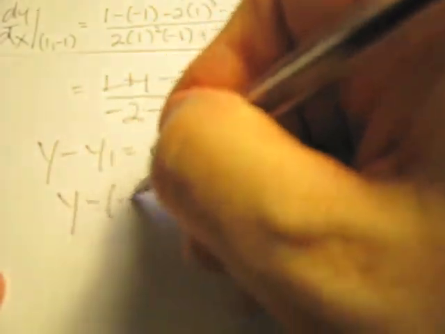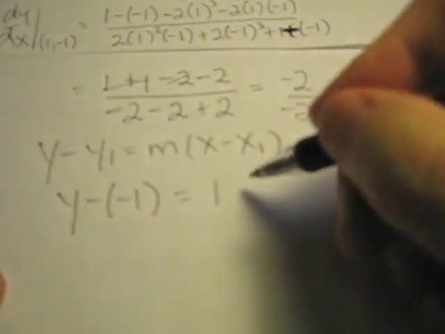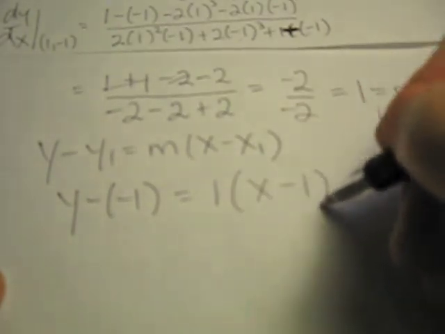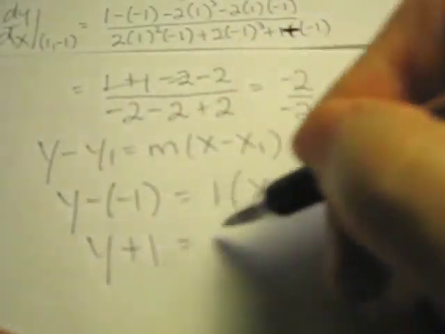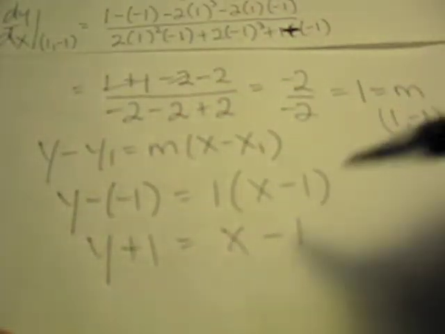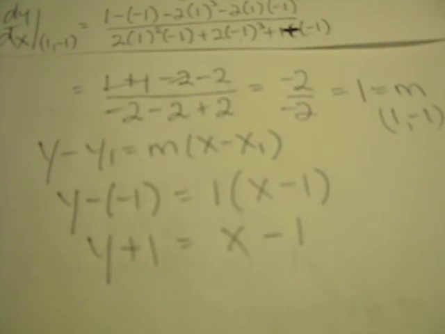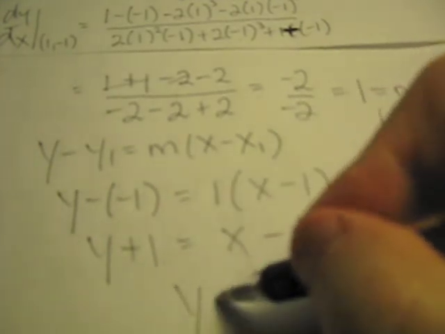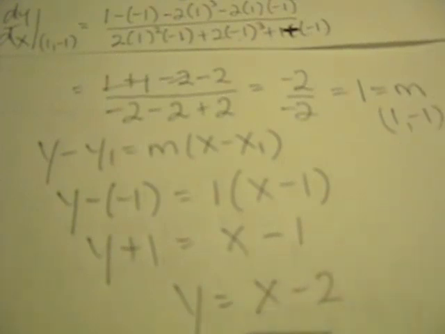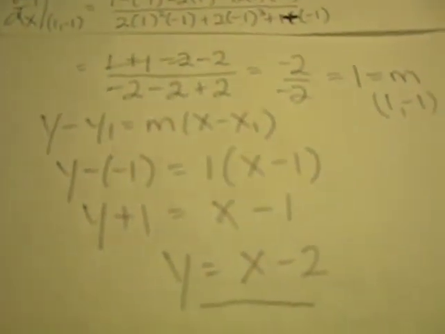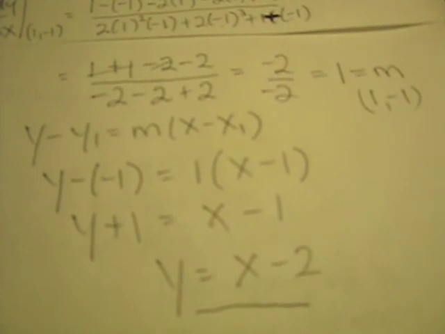So this now becomes y subtract negative 1 equals 1 by x subtract 1. And this will become y plus 1 equals x minus 1. And so my equation will become y is equal to x minus 2, and this will be the equation of the tangent line at the point (1, negative 1) for this function.